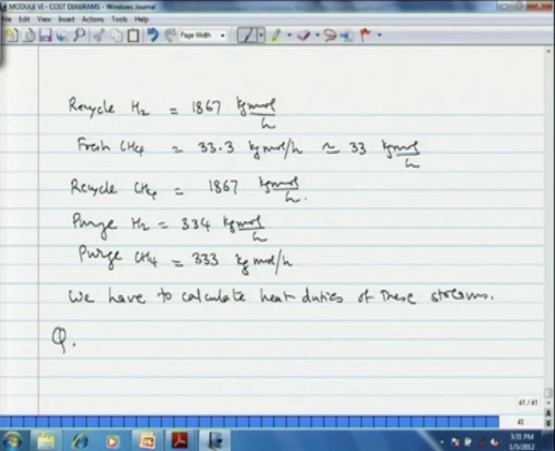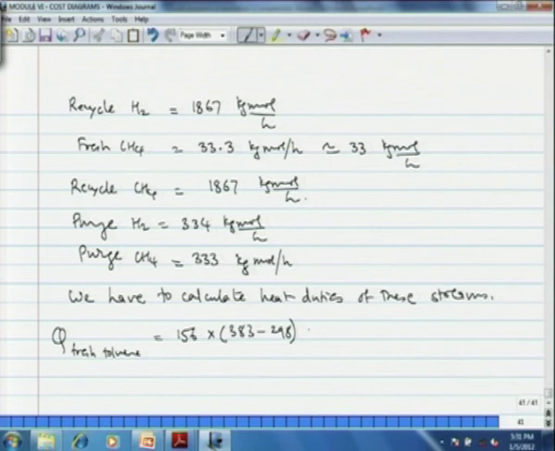Heat duty we denote by letter Q, fresh toluene. The liquid toluene has a heat capacity of 156 joule per mole per Kelvin. It is heated from 298 to its boiling point, which is 110 degrees centigrade or 383 Kelvin.